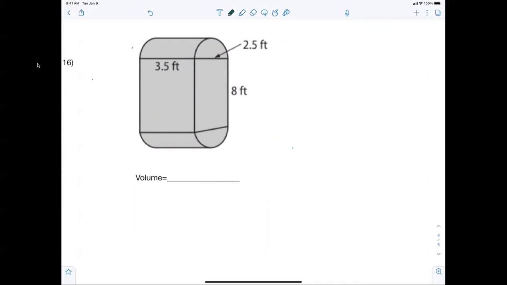So we have volume equals base times height plus base times height. But somebody said we have a cylinder, right? So what's the formula for a circle? Good. And what's the rectangular prism? That's right. Little b, little h, capital H.